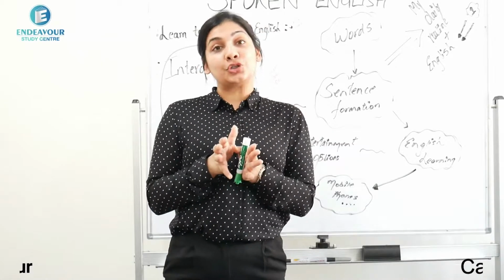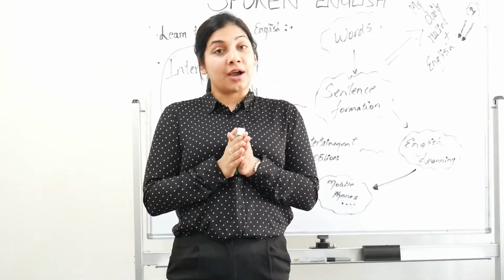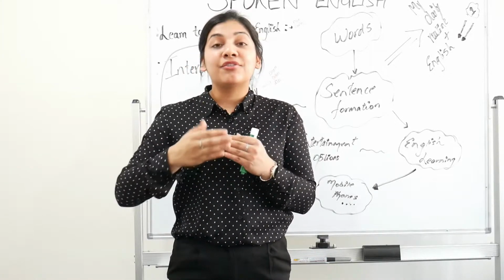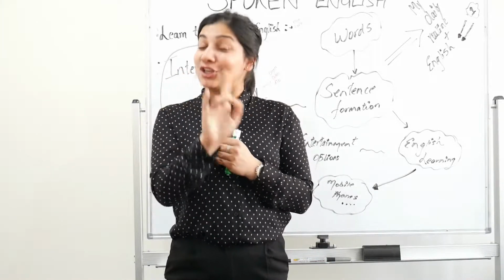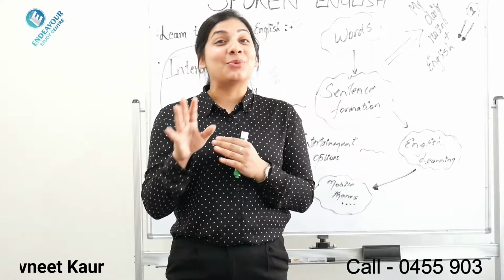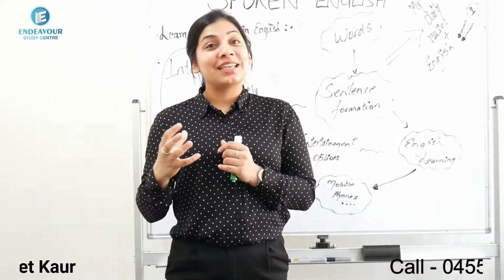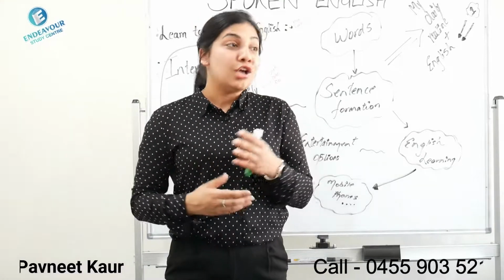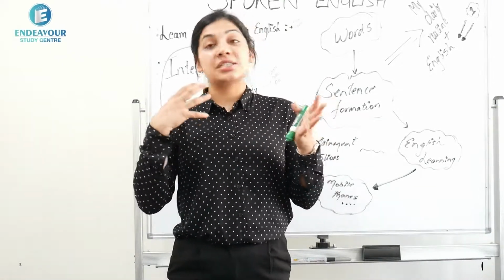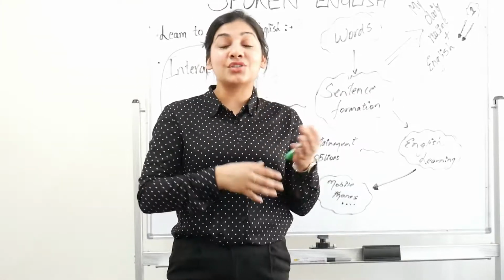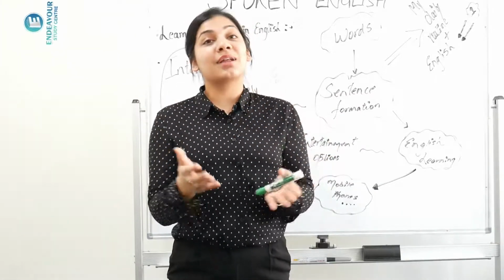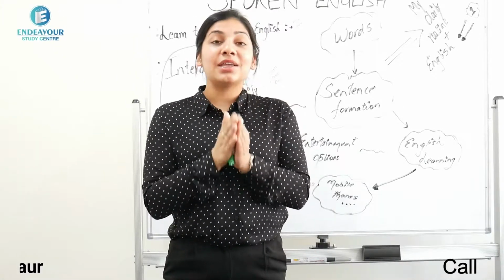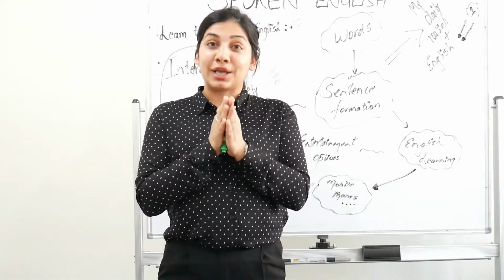So what I want you to do is, you need to have a target of 4 sentences that you will use every day. 4 new sentences though, that you will use every day to communicate with your family members. It could be talking to your kids, your partner, your husband, your mother, your father, anybody who's a part of your family or your friends, communicating with them using English language.